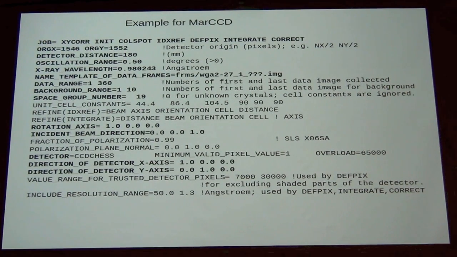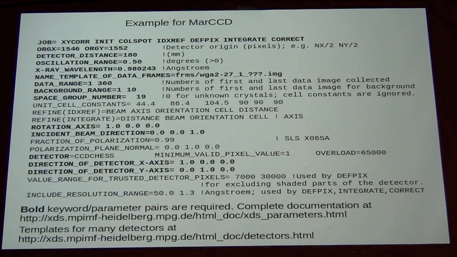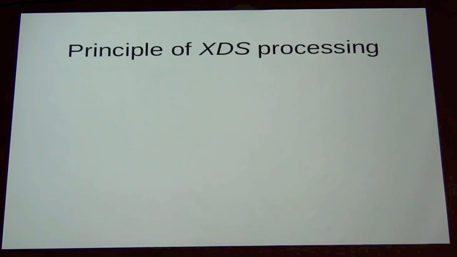This of course also has information about the names of the frames, distance, wavelength, oscillation range, and so on and so on. Okay, so this is highly technical. If you want to read this, it's all documented. There are no hidden features in the program and no undocumented commands. So there is no fiddling beyond what is available in this script that I showed.